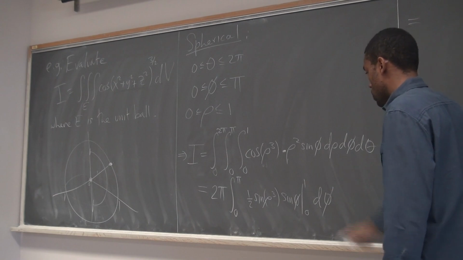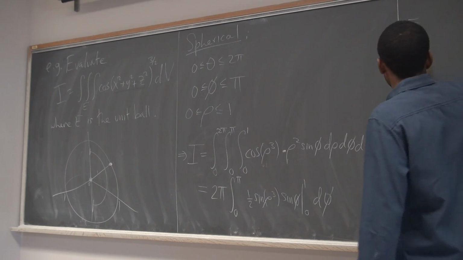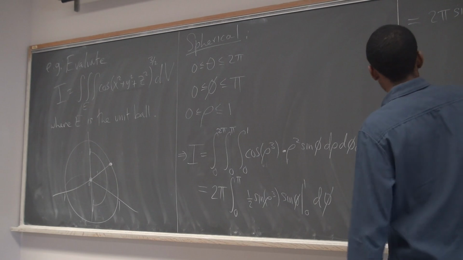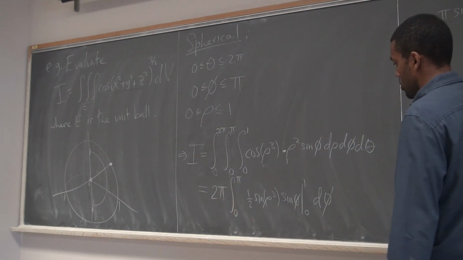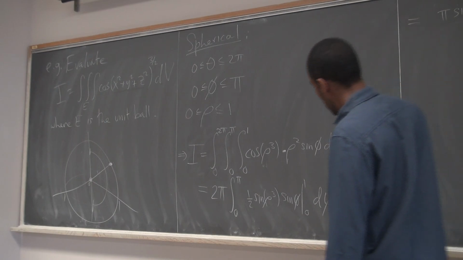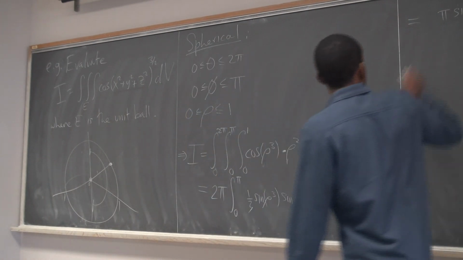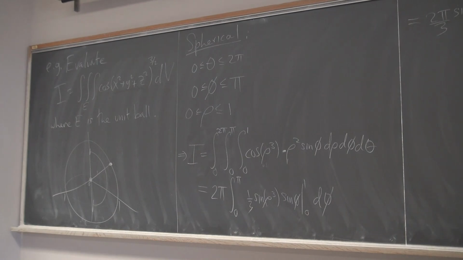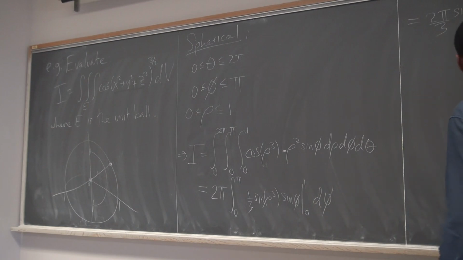So I plug in 1 for rho, I get sine of 1, so I get 2 pi times 1/3. The half kills that 2. Shouldn't it be 1/3? Yes. So that's 2 pi over 3 sine 1. And if I plug in 0, it just kills it, so it's just sine 1 times sine phi up here.